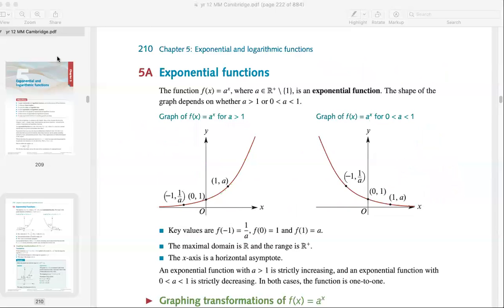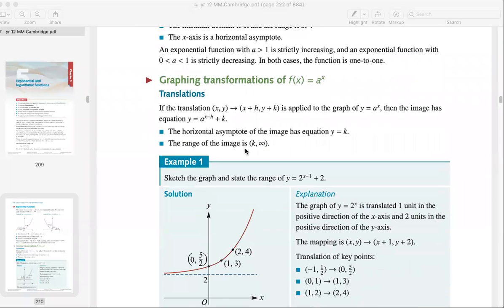Okay, and once you know that, of course, we learned transformations, and now we can perform them on exponential functions. Sometimes you're going to say, sir, it's pretty hard to get the idea or do the transformations, but don't worry, we can always use some special numbers or special points to help you define where the graph is. But before doing that, you have to make sure you know what the basic graph looks like, okay?